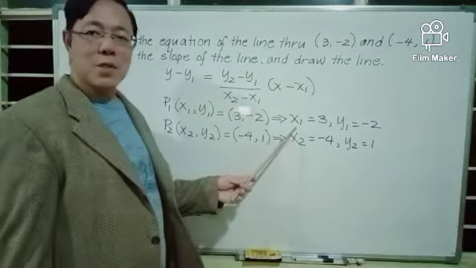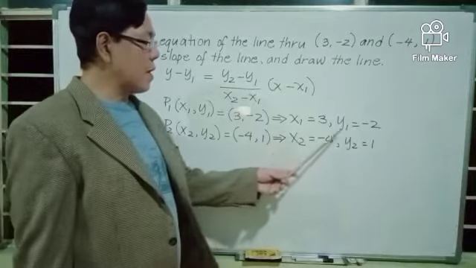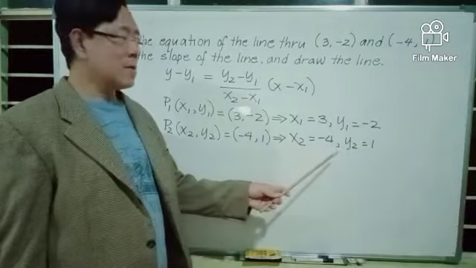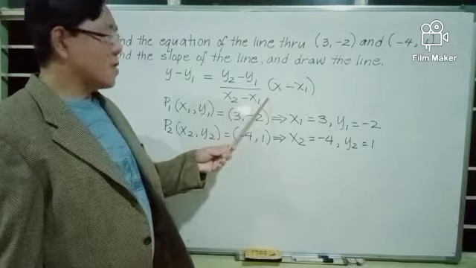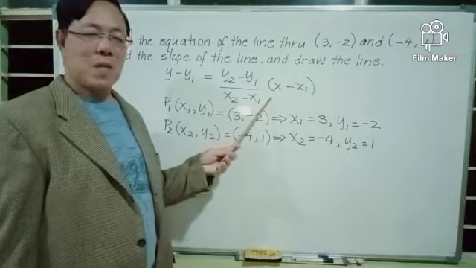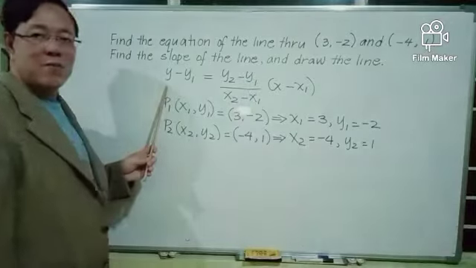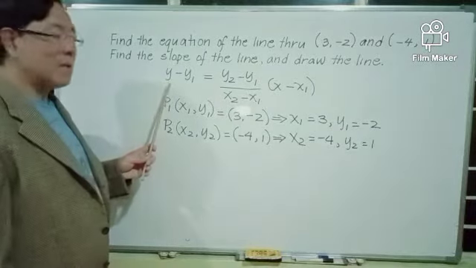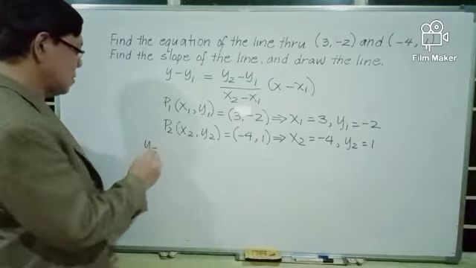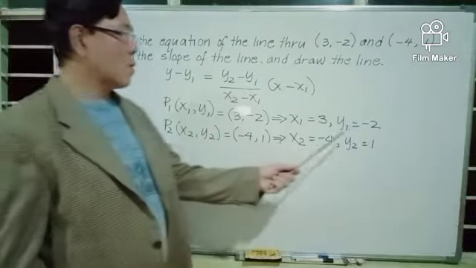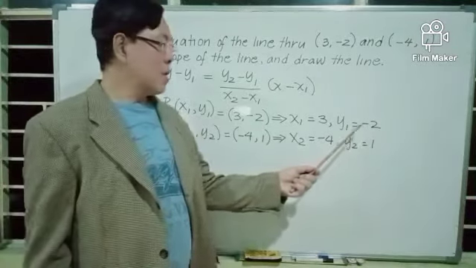Now we substitute these values of x and y into this equation for the two-point form of equation of the line. We start from the left. We have y minus y1. Our y1 is negative 2.